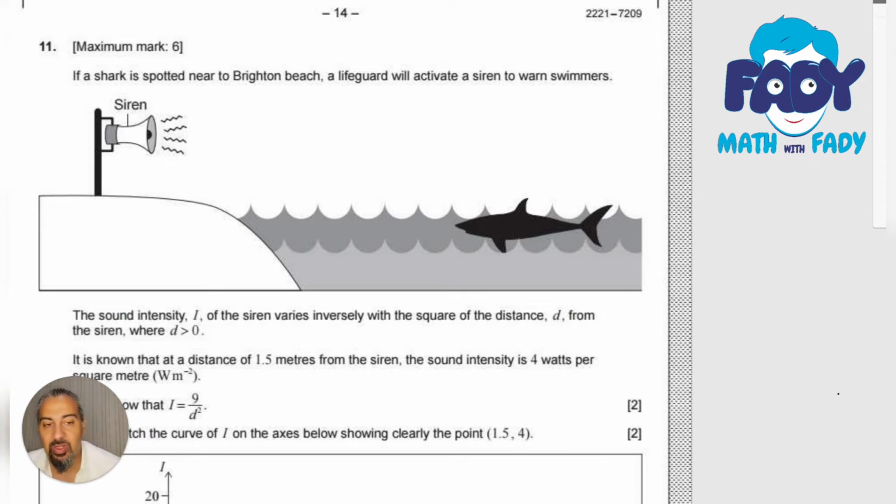So here we are talking about inverse proportion, varies inversely. It is known that at a distance of 1.5 meters from the siren, the sound intensity is 4 watts per square meter.